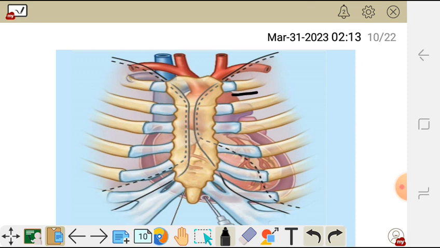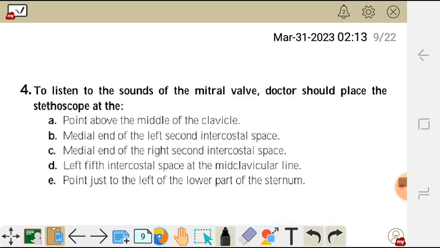So we have the first, second, third, fourth, and fifth intercostal space along the mid-clavicular line. The mid-clavicular line is the line that cuts the clavicle in the middle. So in the fifth intercostal space, that's where the doctor should place the stethoscope to listen to the mitral valve. So the correct answer here is D.